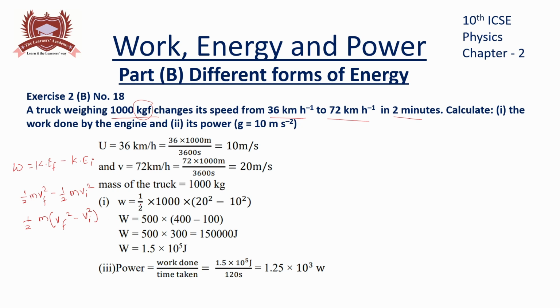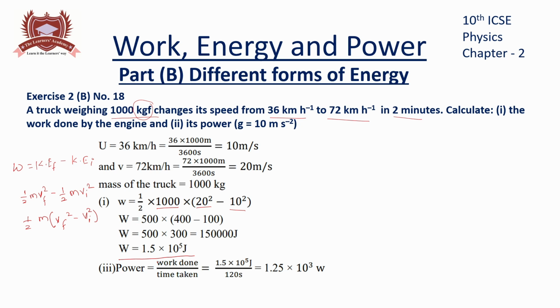So that's what we've done here. We have half multiplied by its mass multiplied by final velocity square minus initial velocity square. We put in the values and we end up with the final answer as 1.5 times 10 to the power of 5 joules. This is the work done. Now what is the time taken? Time taken is 2 minutes. So that is 120 seconds.